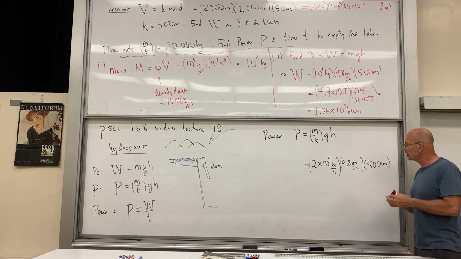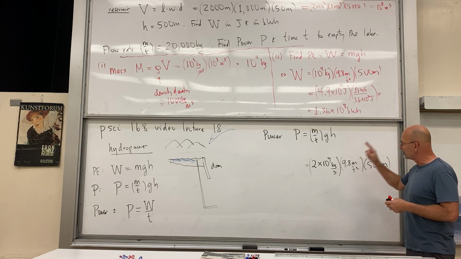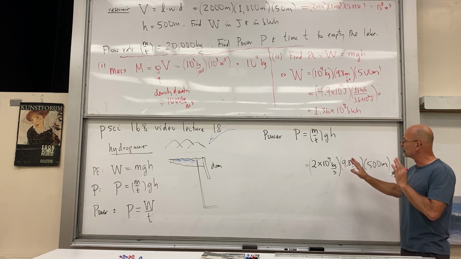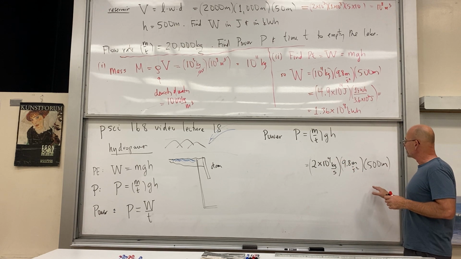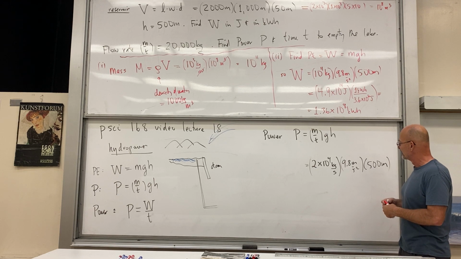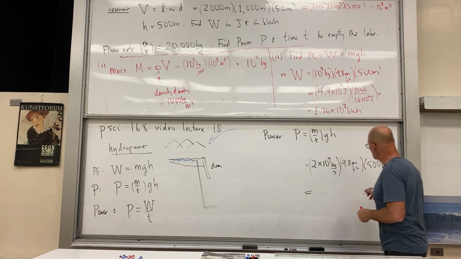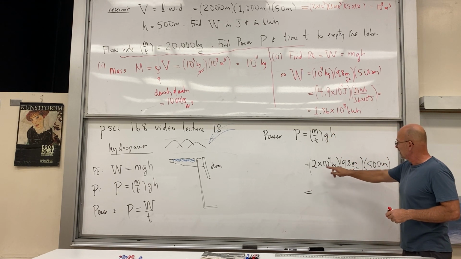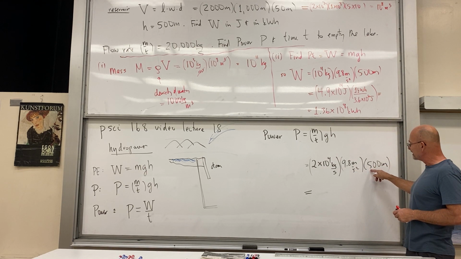Now, as long as you use kilograms, meters, and seconds, all of our formulas come out with the correct units. In this case, it's joules per second, which is watts. Okay. So if we look at this multiplication, 2 times 5 is 10.